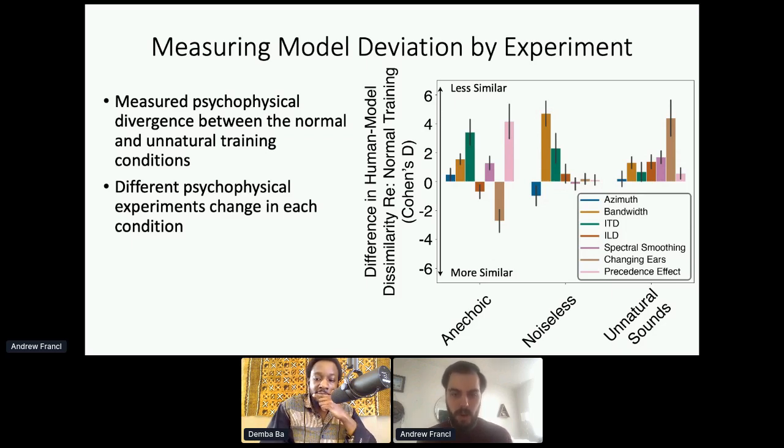It seems that humans are pretty good at this task, and our model definitely has some room to improve, especially, as I mentioned previously, in the front-back confusions. But there's a fair amount of behavioral work to be done there to really characterize that accurately. And it's just harder because you can't really do it in a sound booth. You need a much more complicated setup.